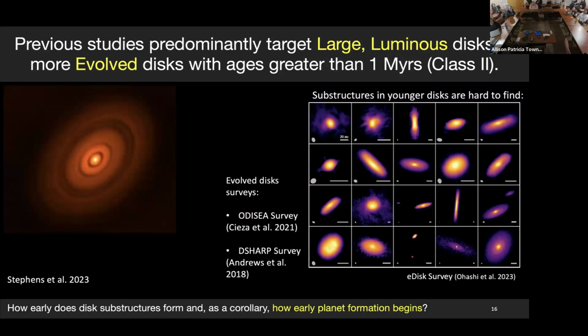But I don't think that if you increase the angular resolution by a factor of 2, you're going to see substructures in these. It could also be optical depth. Sure, that's yet another factor. But if you took the DSHARP survey and smoothed it to this resolution, many of those disks would still show substructure.